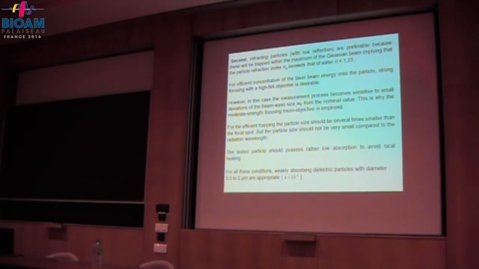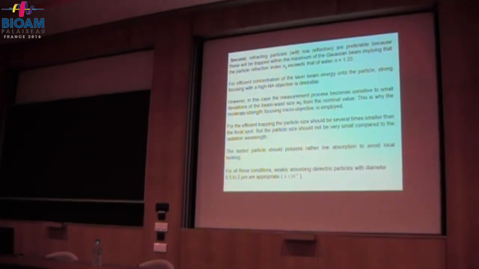For efficient concentration of laser beam energy on the particles, strong focusing with a high numerical aperture objective is desirable. However, in this case, the measurement process becomes sensitive to small deviations of the beam waist from the nominal value. This is why a moderate strength focusing macro objective is employed. For efficient trapping, the particle size should be several times smaller than the focal spot.